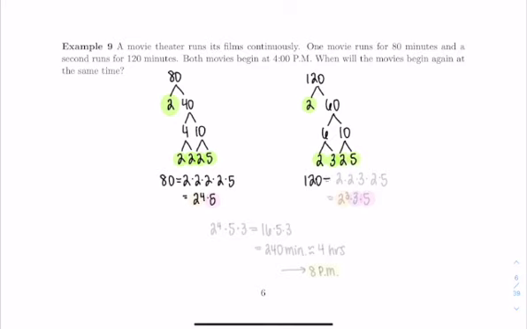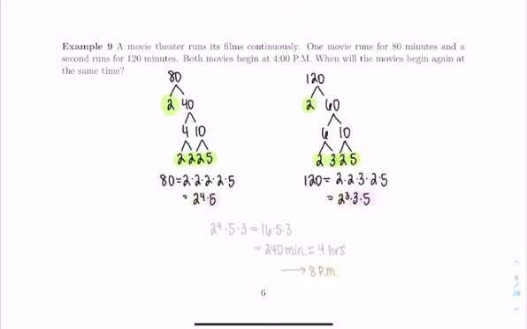And so 120 is 2 times 2 times 3 times 2 times 5, or this is just 2 cubed times 3 times 5.